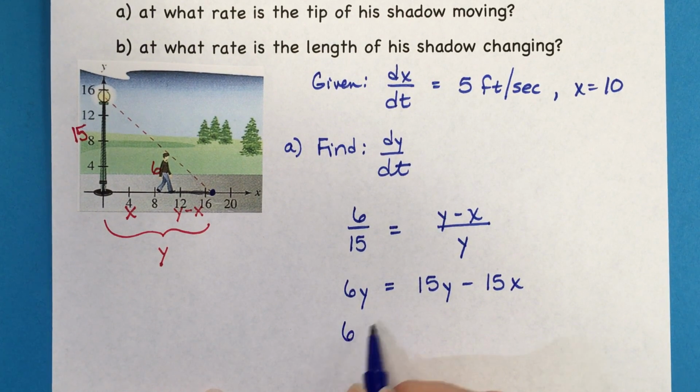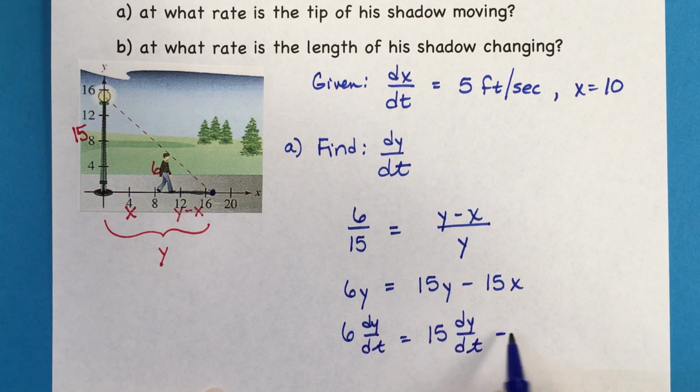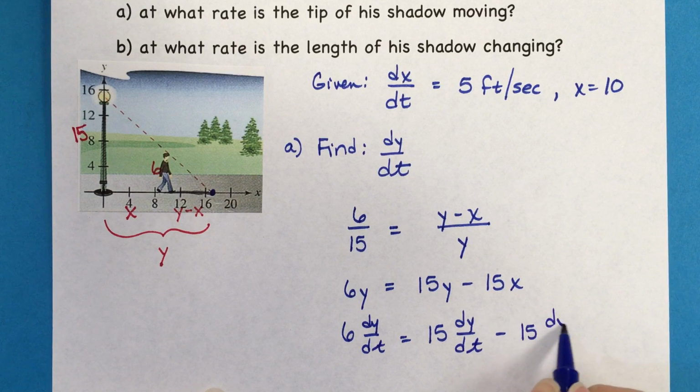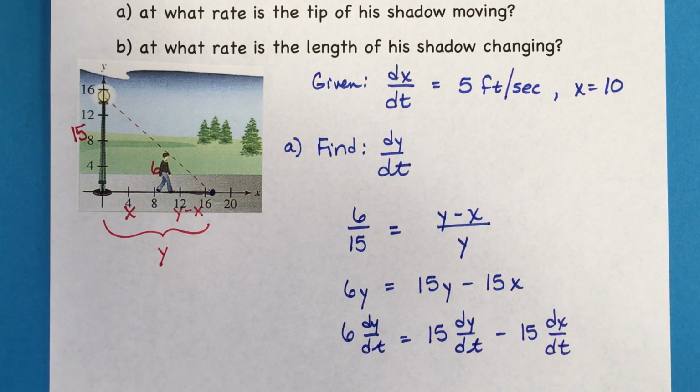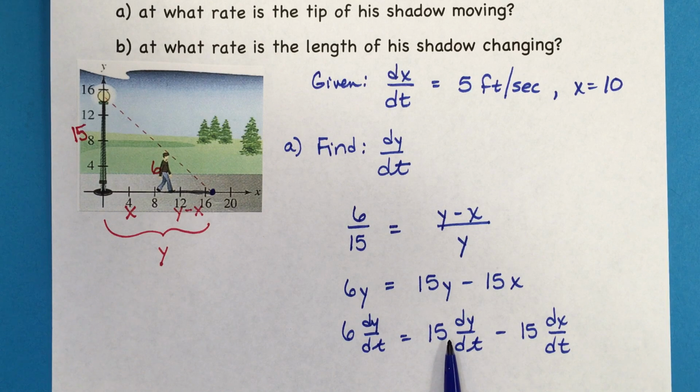So this would be 6 dy/dt equals 15 dy/dt minus 15 dx/dt. I'm trying to find dy/dt, and both these terms are like terms, so you want to move this over and combine them.